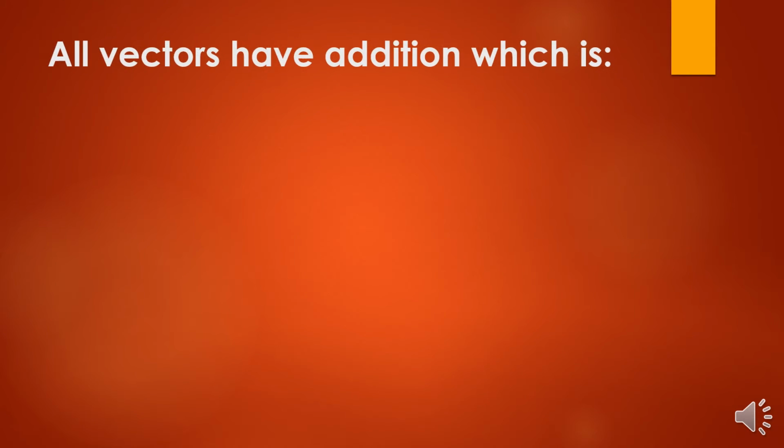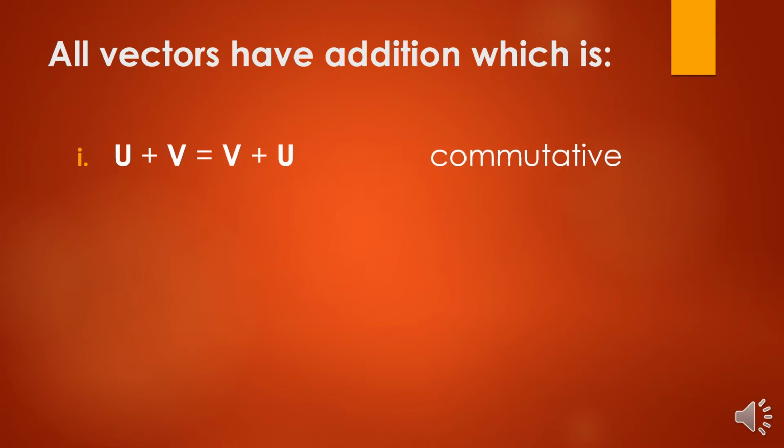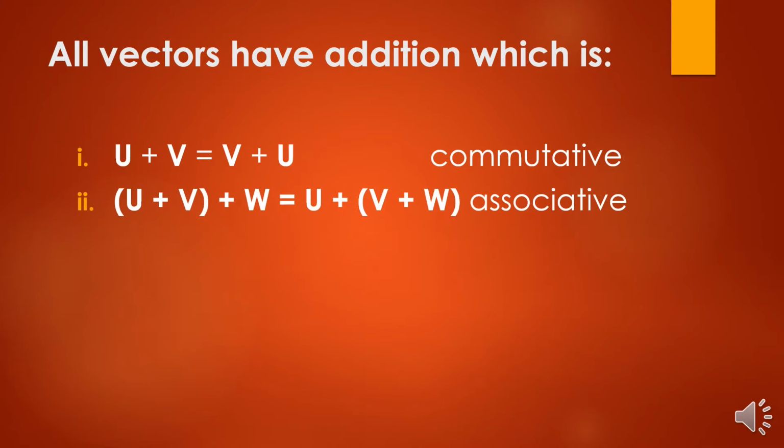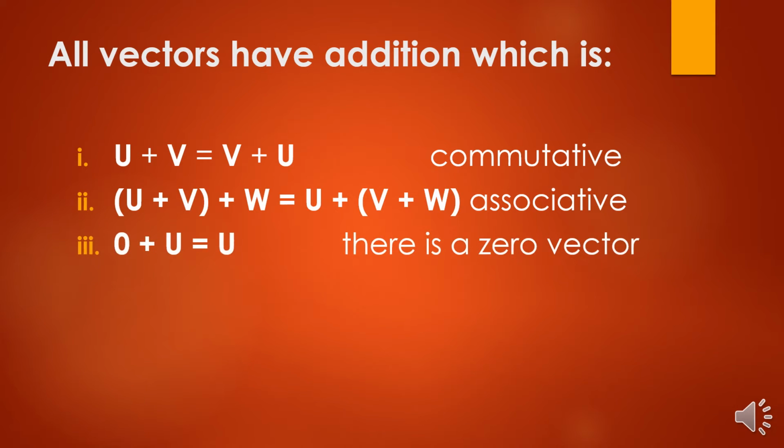Any vector addition must always be commutative and associative, and there must be a zero vector.